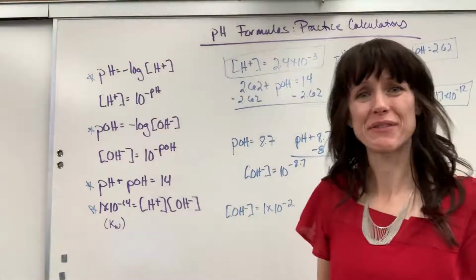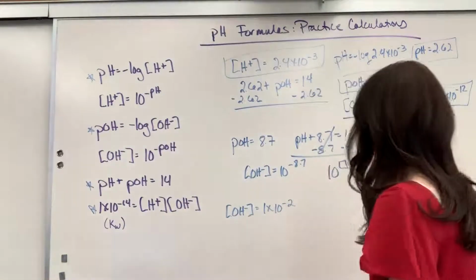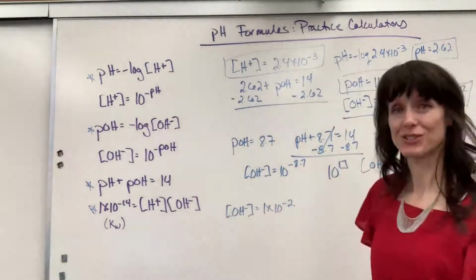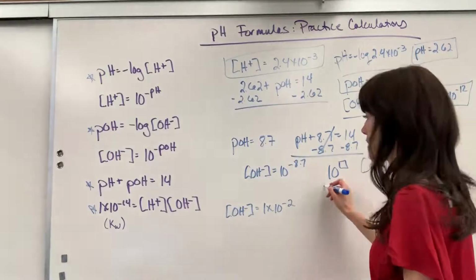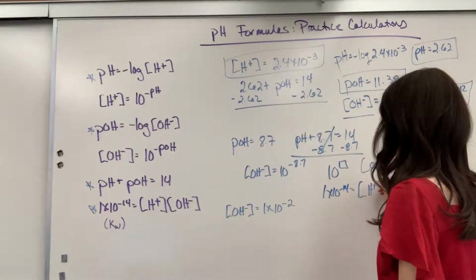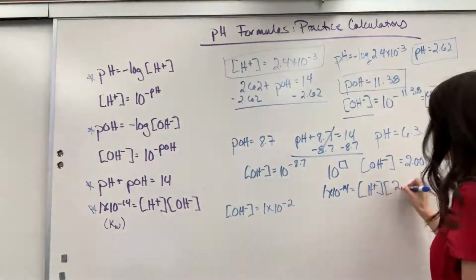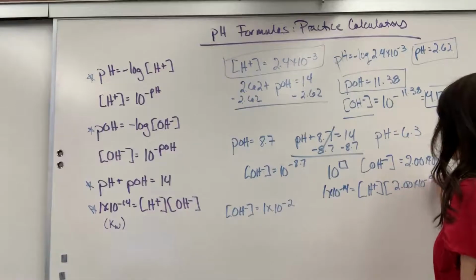Okay, we need one more piece of information. I haven't used this formula yet, so I want to use it for you. I want to find the hydrogen concentration. So we take 1 times 10 to the minus 14 equals the hydrogen concentration times the hydroxide concentration, and there it is, 2 times 10 to the minus 9.